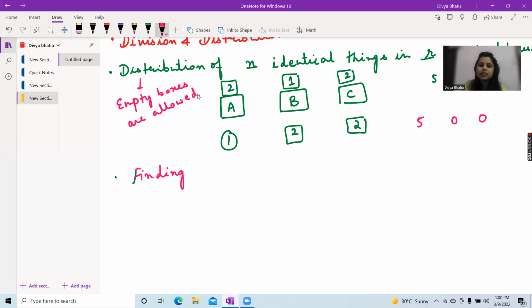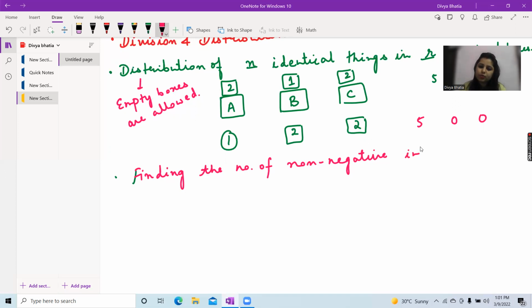Now what I'll do is draw a parallel between this topic and another problem, which is finding the number of non-negative integral solutions. What do we mean by non-negative integral solutions? That means they are basically natural numbers with zero.